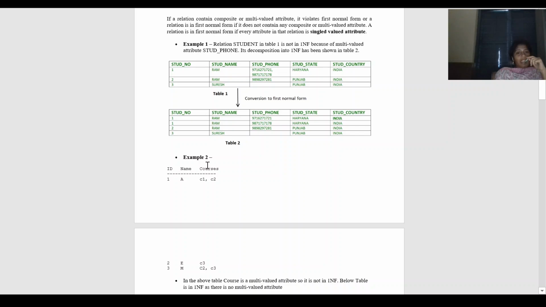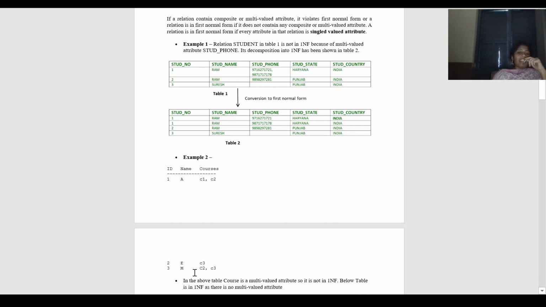Example 2: ID, name, courses. ID number 1, name A, has courses C1 and C2. ID number 2, name E, has only one course, that is C3.